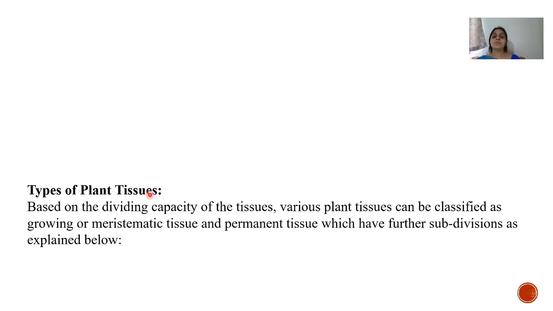Then, coming to types of plant tissue. Based on the dividing capacity of the tissue, plant tissues can be classified as growing tissue, whose other name is meristematic tissue, and the second one is permanent tissue. Further division is also there.